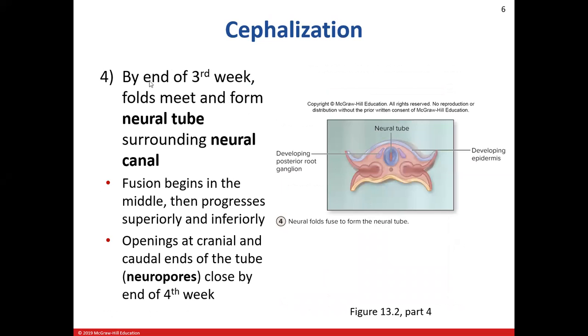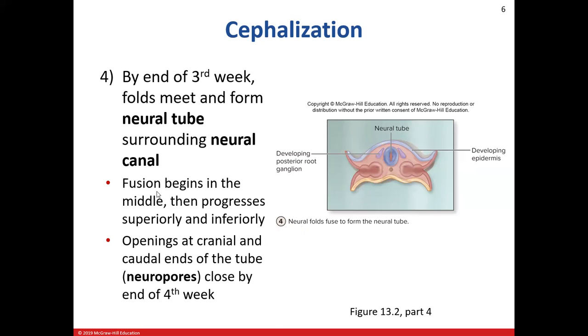As we get into step 4, and that's going to be the end of the 3rd week of development, the folds meet and they form the neural tube, and that surrounds the neural canal. So you'll notice that that neural groove is now fully engulfed. We've now formed the neural tube, and that forms this neural canal going right down the center of all of this tissue.